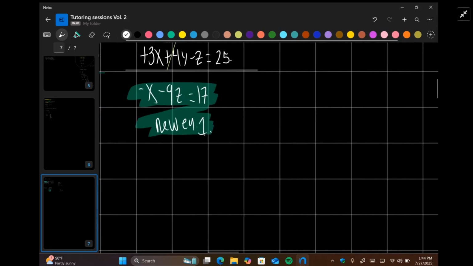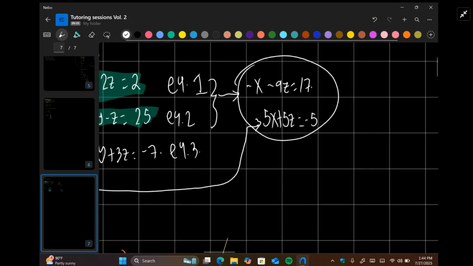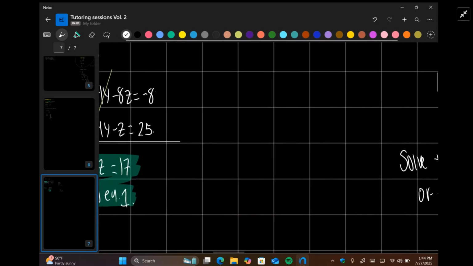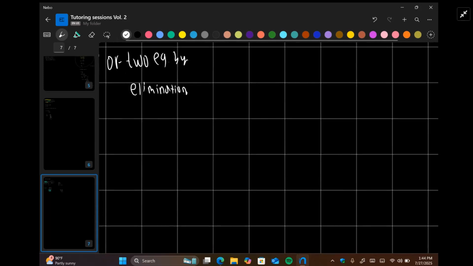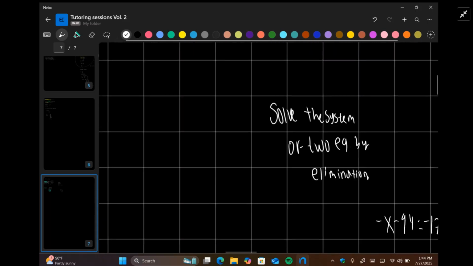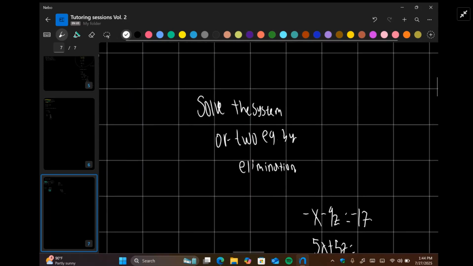The first one is -x minus 9z equals 17, and the second is 5x plus 5z equals -5.